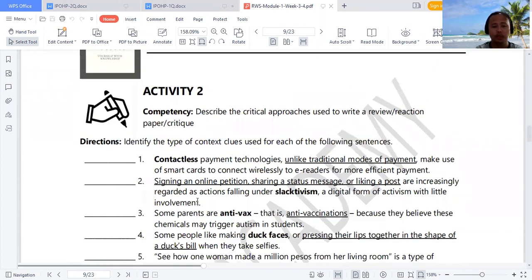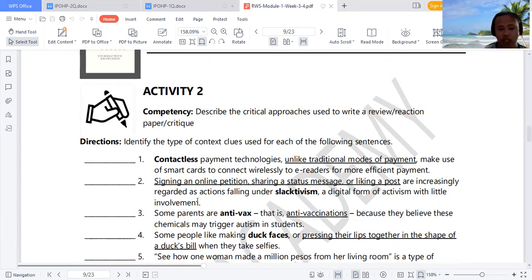Okay, activity 2. What you're going to do, class, is just read the instruction. The instruction says we have to identify the type of context clues used for each of the following sentences.